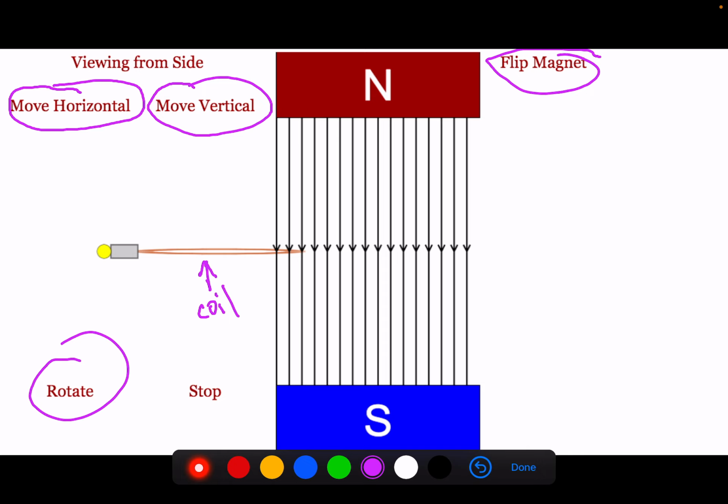And it seemed to be pretty random about what things would make it light up and what things would not. So what we'd like to do over the next couple days is try to figure out what common theme was present every time the coil created electricity. That is going to be key to understanding induced currents.